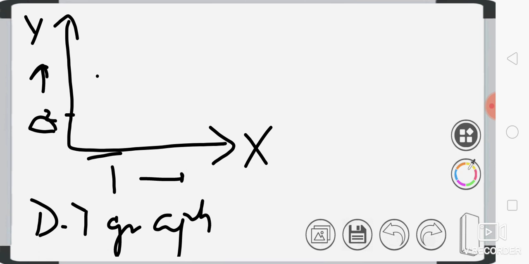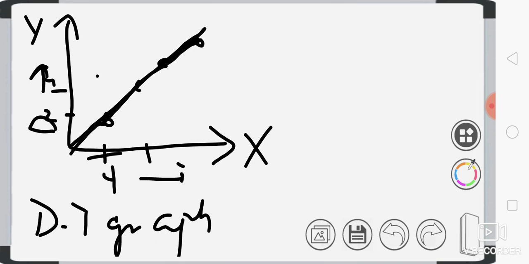Suppose this is 2, this is 4, this is again 2, this is 4. Suppose every 2 hours it is going 2 kilometers ahead. So we will have this type of graph, a straight line for uniform motion.